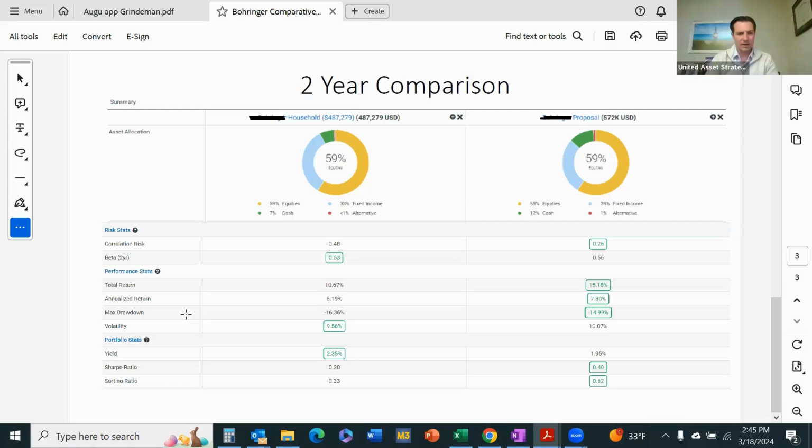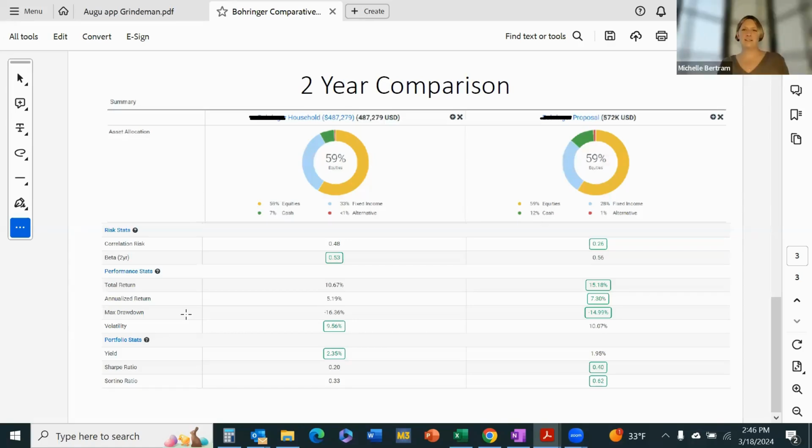Exactly. And there's a slight difference between the two of them. The Sortino takes less of a weight on the downside versus the upside, but essentially they're both meant to show the same thing. For every unit of risk you're taking, how much better return are you getting? So the higher those numbers, the better.